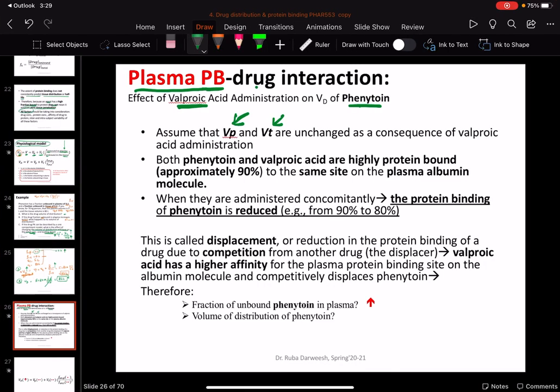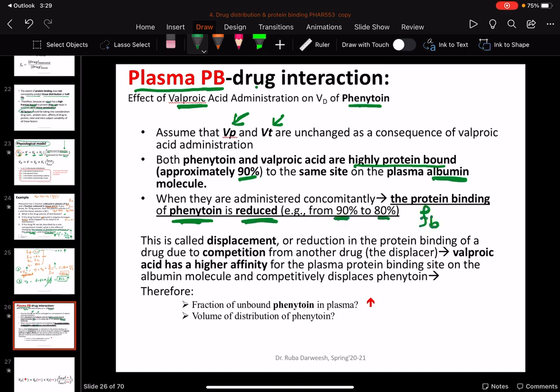Both phenytoin and valproic acid are highly protein bound, approximately 90%, at the same site, which is plasma albumin, and they are administered together. The protein binding of phenytoin is reduced from 90 to 80.